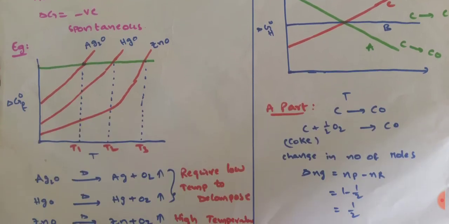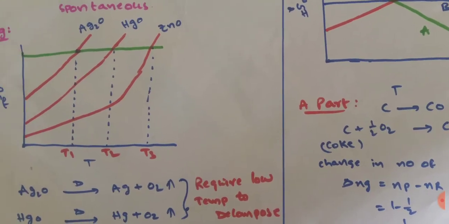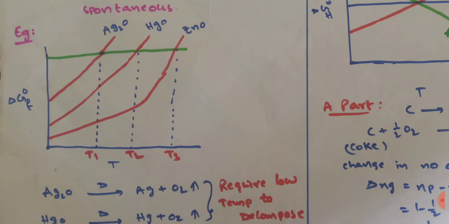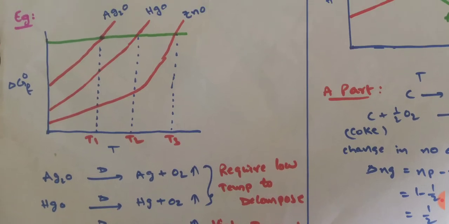Okay, this is one example we are having. In this graph, there is a plot between delta G naught, that is the change in Gibbs free energy, and T, that is the absolute temperature.